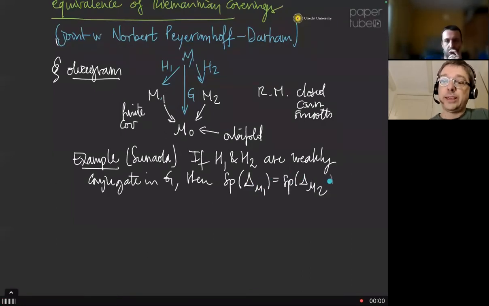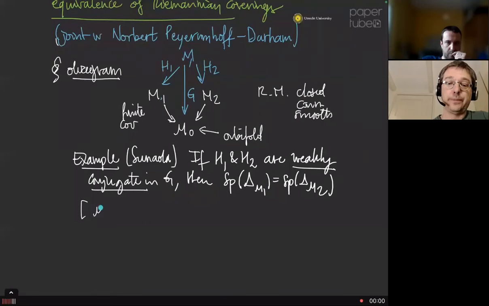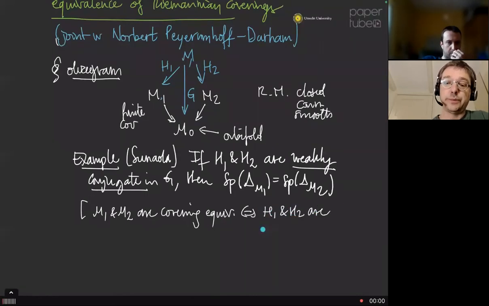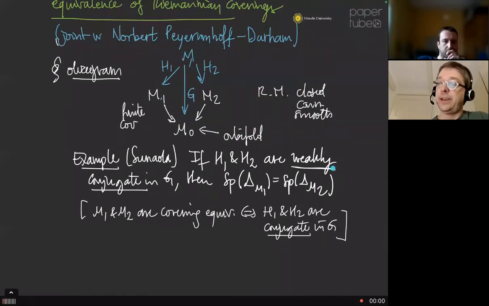And before I explain this terminology, let me say that M1 and M2 are equivalent covers, so covering equivalent, if and only if H1 and H2 are actually conjugate subgroups. So here is a strong condition. Here is something, well, it's called weak, so it must be weak. Let me explain this very briefly.